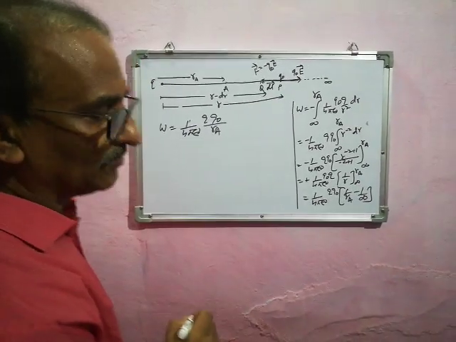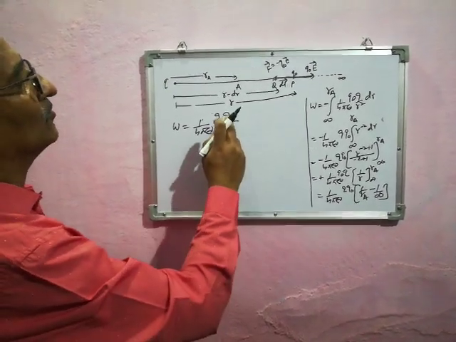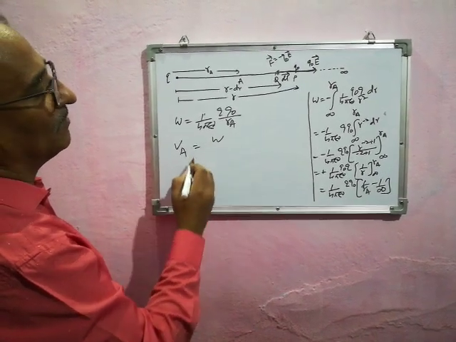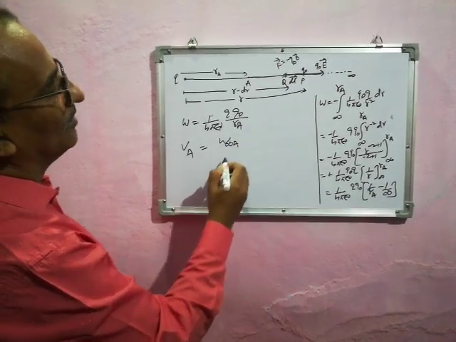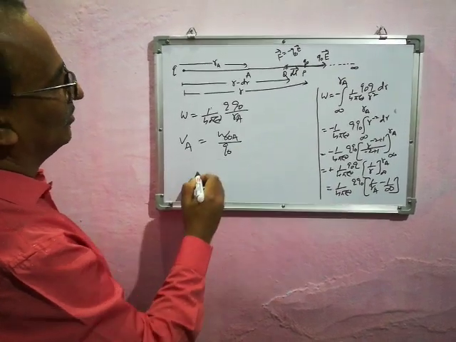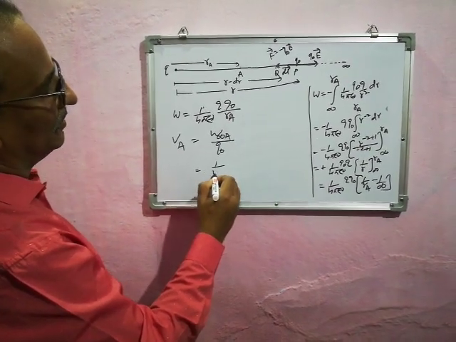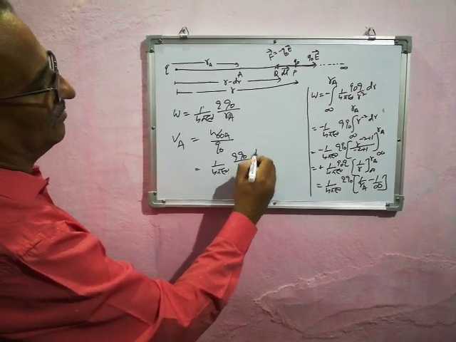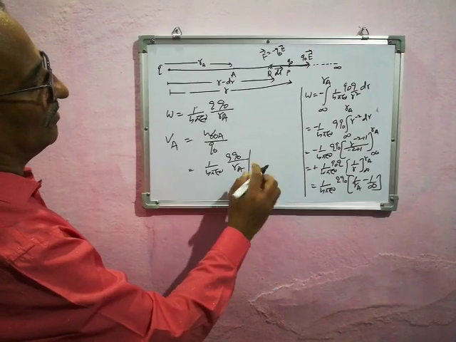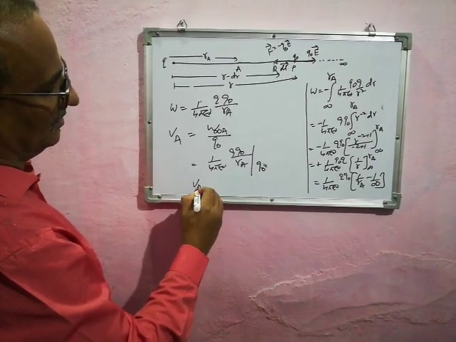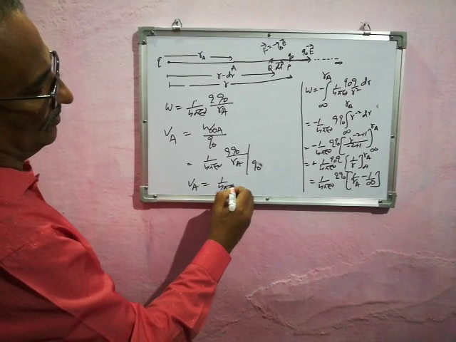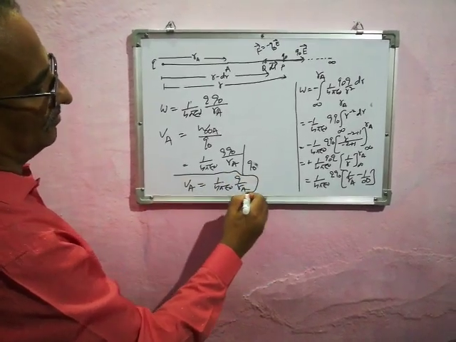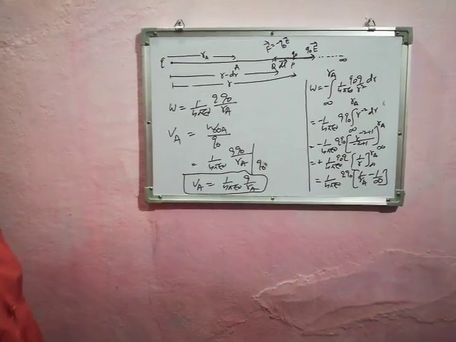This is the work done in bringing the test charge of magnitude Q0. But according to the definition, potential at A is work done from infinity to A divided by Q naught. So potential at the point A becomes equal to 1 by 4 pi epsilon naught Q by R. This is the expression for electric potential due to a point charge.